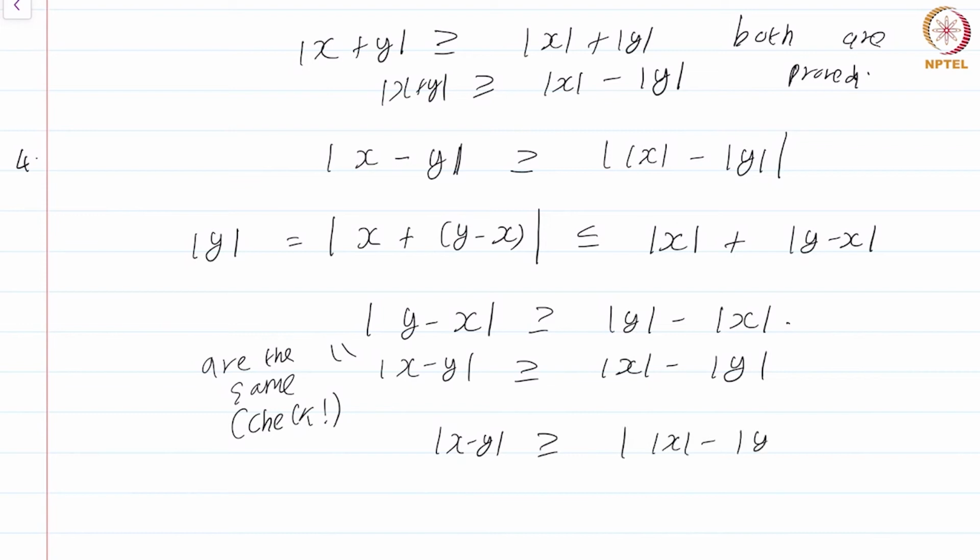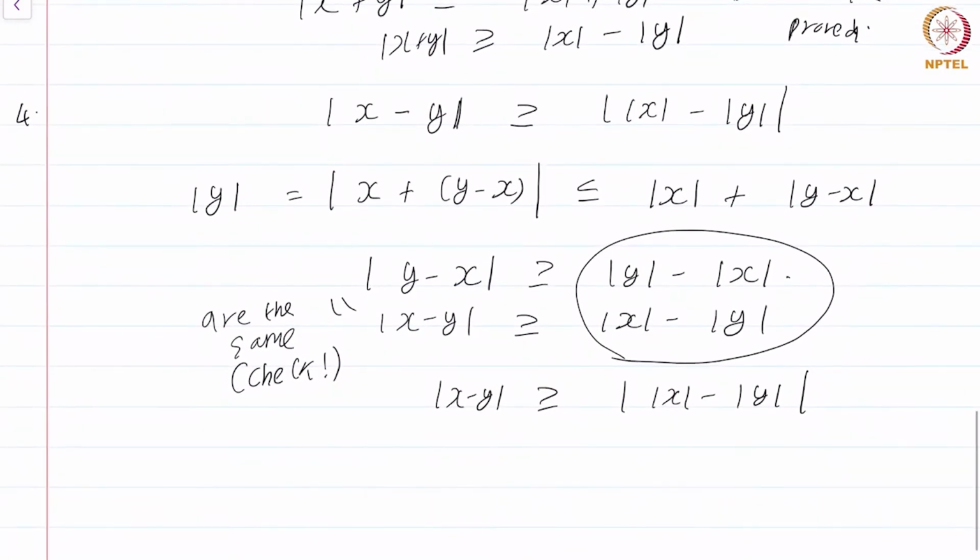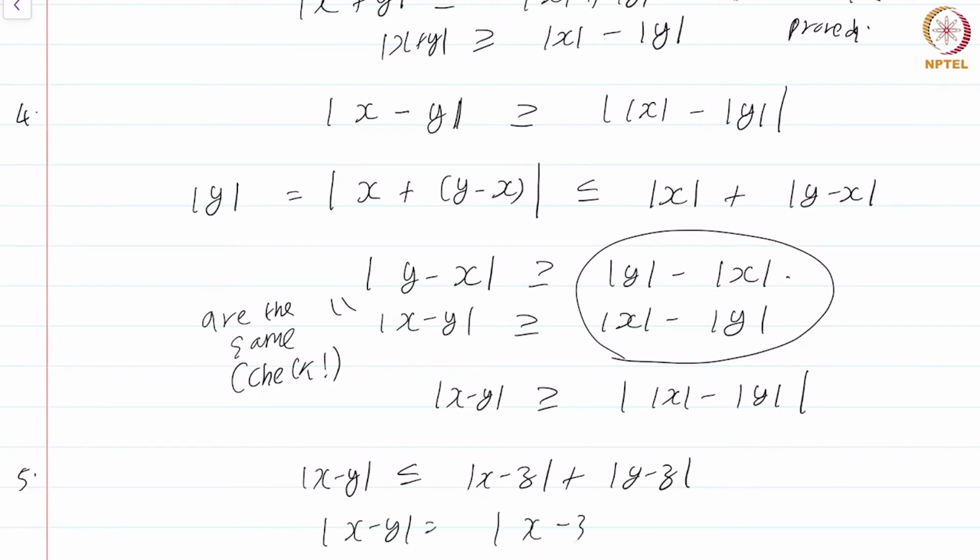Why do we get these? Because the modulus of mod x minus mod y has to be one of these two. That's the reason. So that proves the reverse triangle inequality. Of course, I'm leaving another case, but that is equally simple. Finally, we want to show that for all x, y, z, mod x minus y is less than or equal to mod x minus z plus mod y minus z. This immediately follows by writing mod x minus y as mod x minus z plus z minus y.